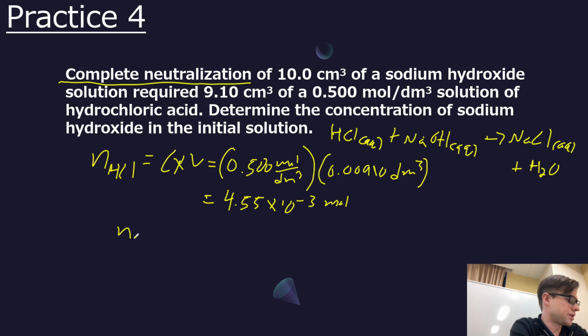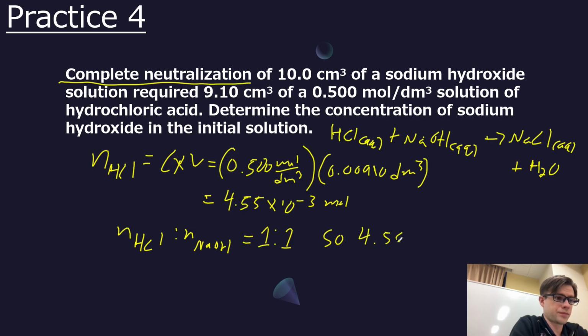The ratio of HCl to NaOH is once again 1 to 1. So the same amount of moles of NaOH must react.